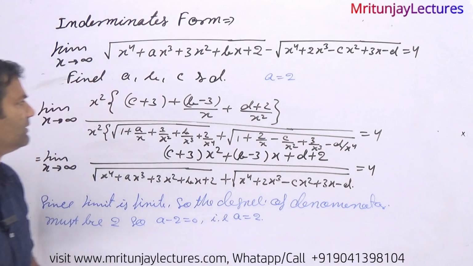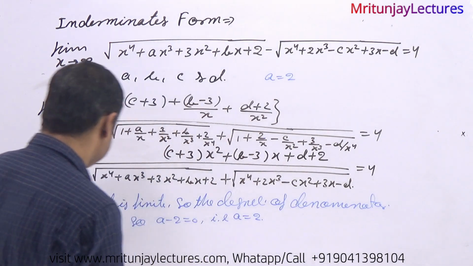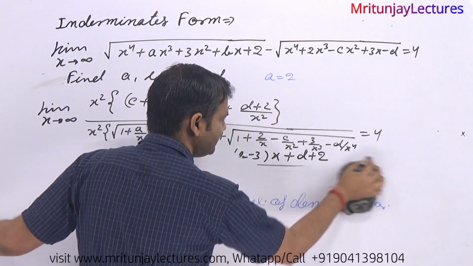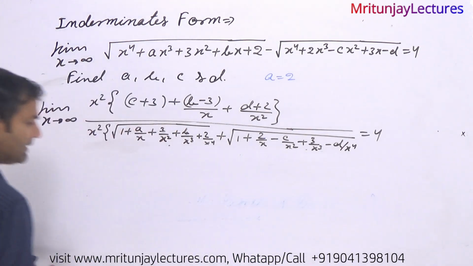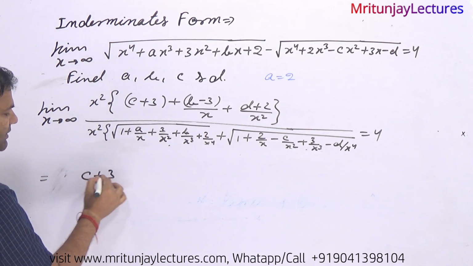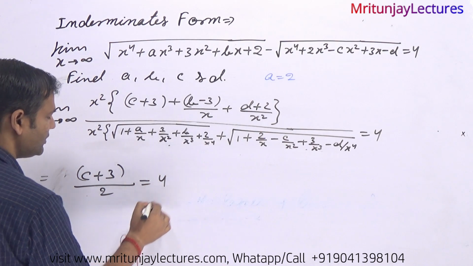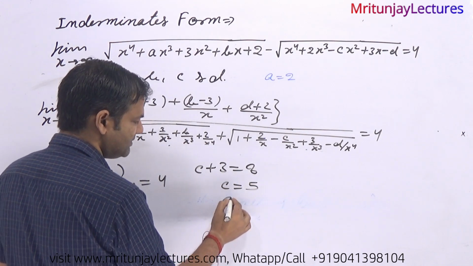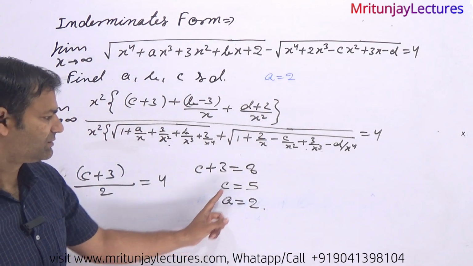If we put x tends to infinity, then we get c plus 3 divided by 1 plus 1, that is 2, equal to 4. So c plus 3 is equal to 8, so c is equal to 5 and a is equal to 2. I have already got a equal to 2 and c equal to 5.